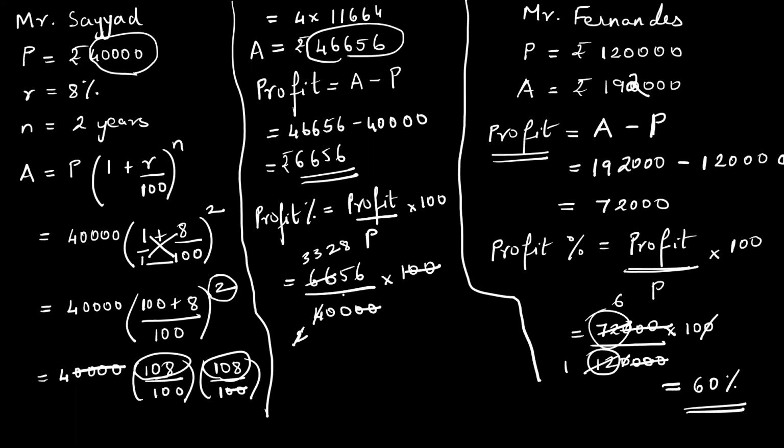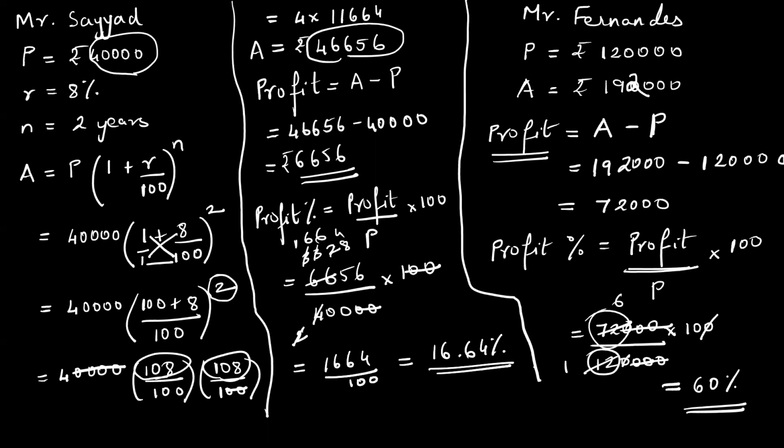Again cancel with 2. 1, 6, 6, 4. So it is 1664 upon 100, which gives you how much? 16.64. So if you compare, whose investment is better?